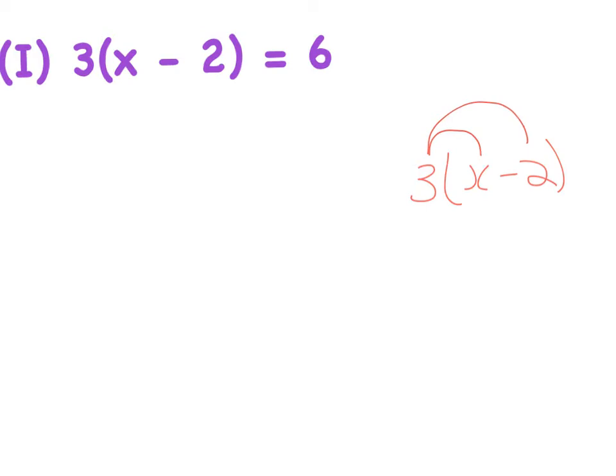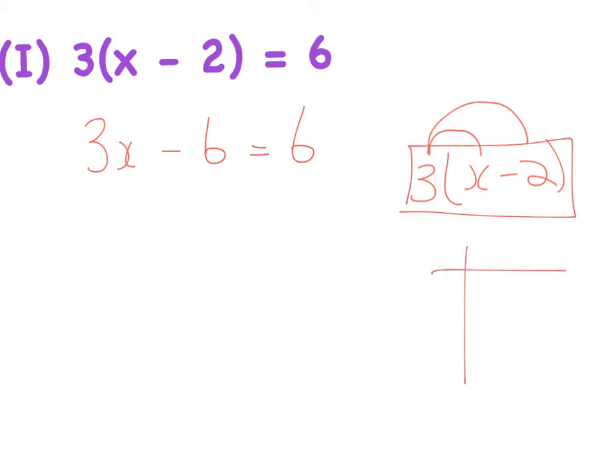So if we were to do that, 3 times x gives me 3x, and 3 times minus 2 gives me minus 6 equals 6. I can also do this here by my box multiplication method, which means along the side and top I have a 3, and then up on top I have an x and a minus 2.